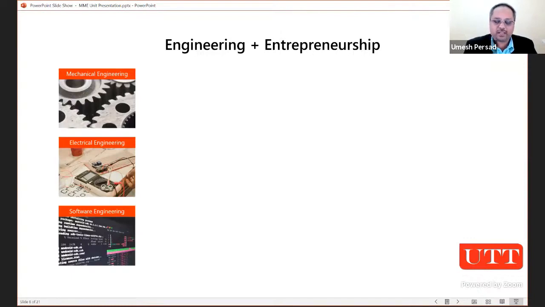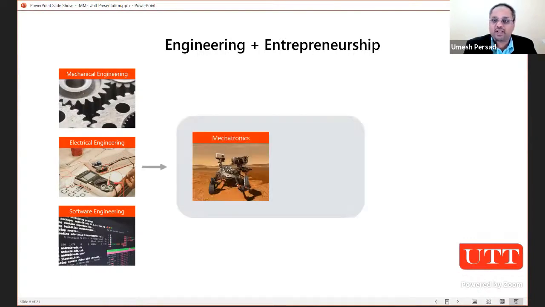So we put these 3 types of engineering together, and this gives us what's known as the field of mechatronics. And many of you would be familiar, for example, we've recently put a souped up lander on Mars. And that would not have been possible without mechatronics engineering, the combination of mechanical, electrical, and software engineering.